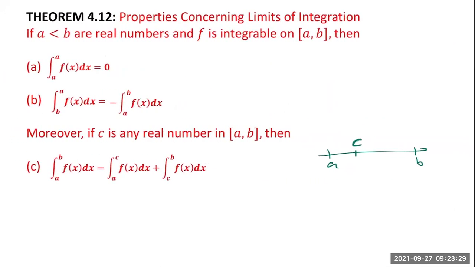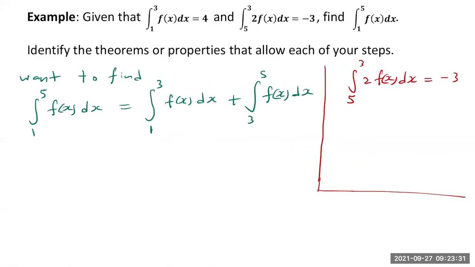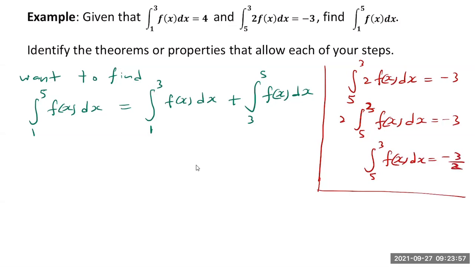So if I do that here, I get 2 times the integral from 5 to 3 of f of x dx is equal to -3. That will give me the integral from 5 to 3 of f of x dx is equal to -3 over 2. I divided both sides by 2.